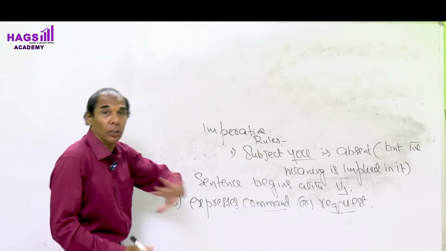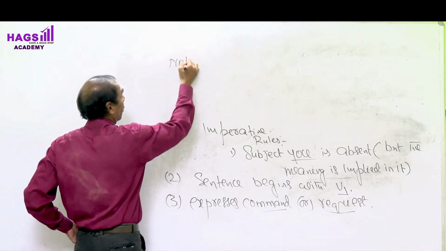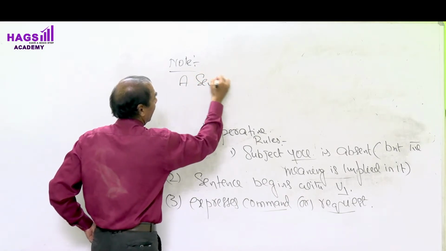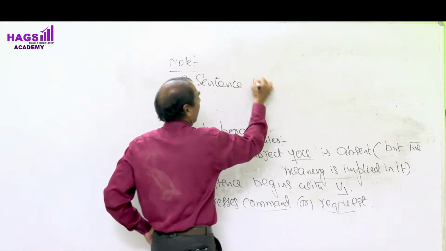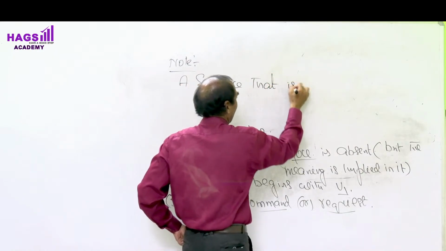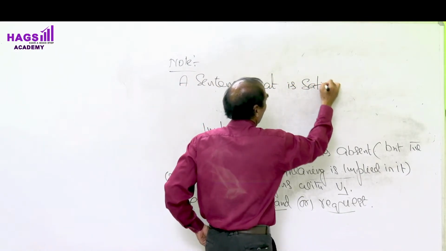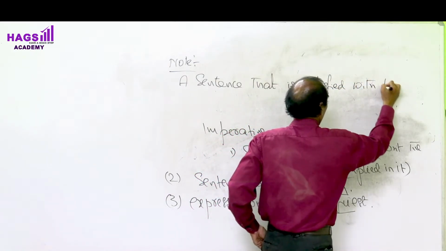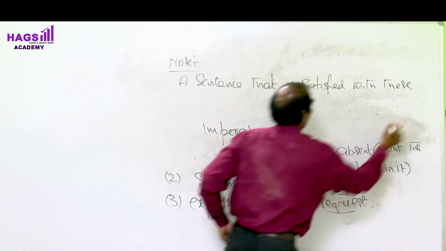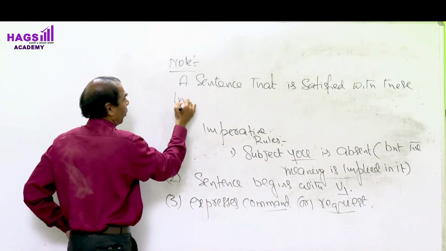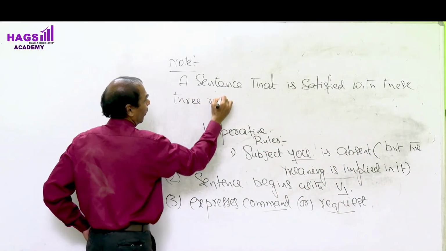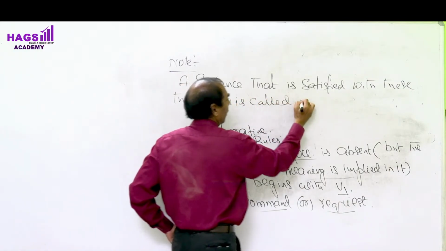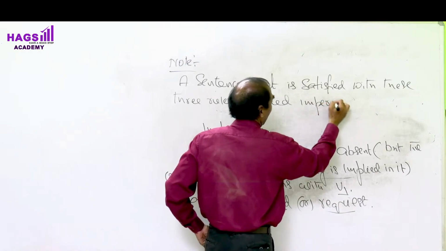Now take the note like this. What is the note? A sentence that is satisfied with these 3 rules is called imperative.